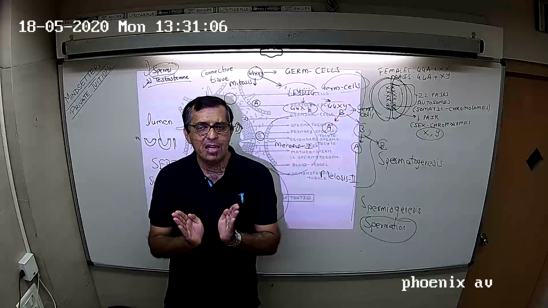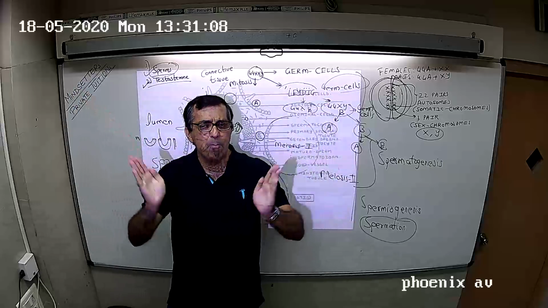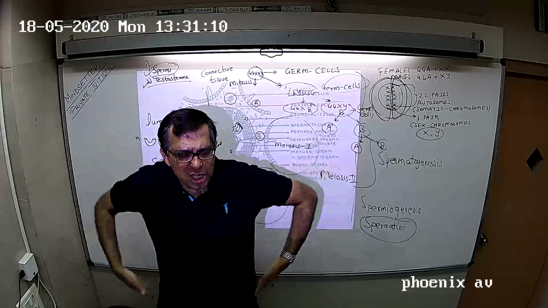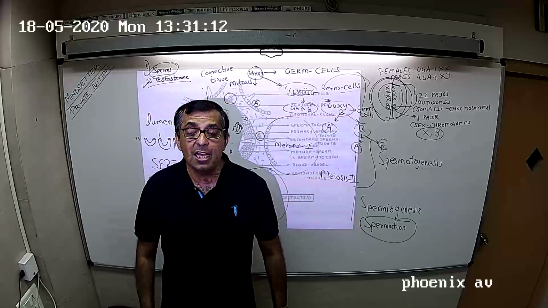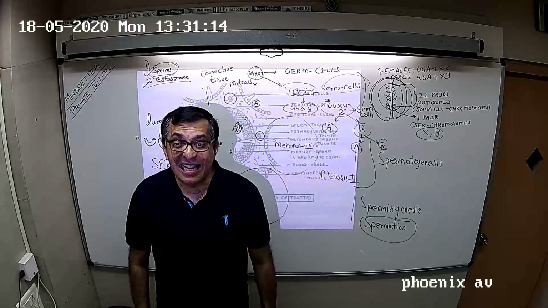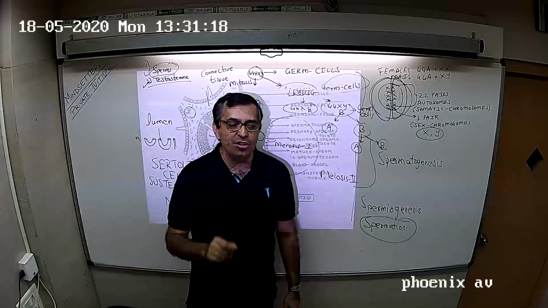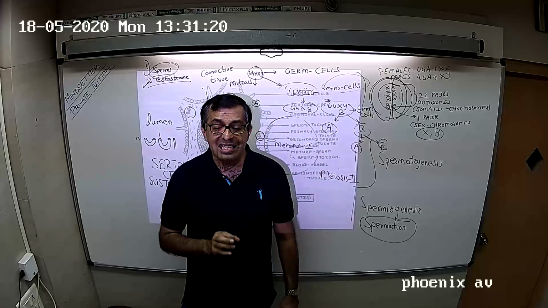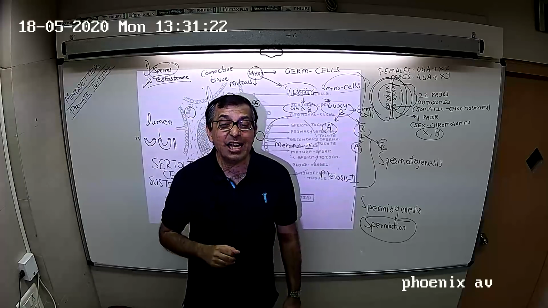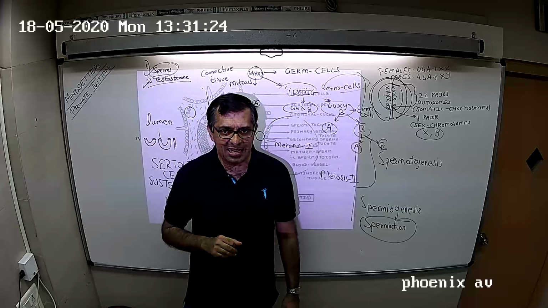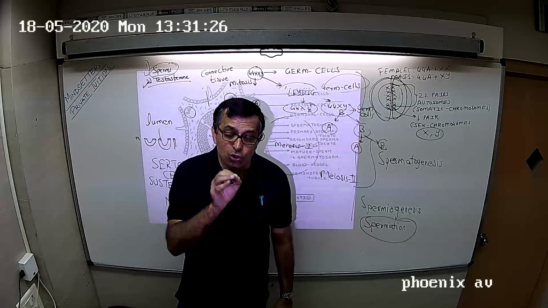You find bodybuilders with a proper V-shaped body, and that V-shaped body that you develop is because of the action of testosterone. All these changes are called secondary sexual characteristics produced by testosterone.